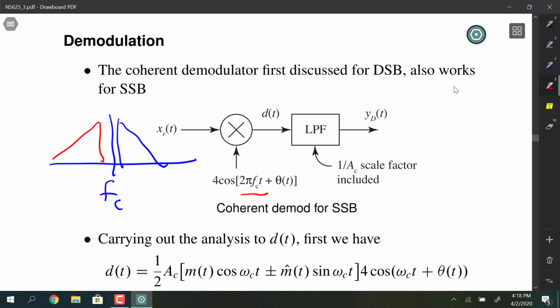Because I'm multiplying by a cosine, what comes out is going to be totally correct: down at baseband and symmetrical again, because we get an up conversion and a down conversion when we multiply by cosine. Remember, we have a positive exponential and a negative frequency exponential. The same would hold true for the lower sideband, so it works in either case.